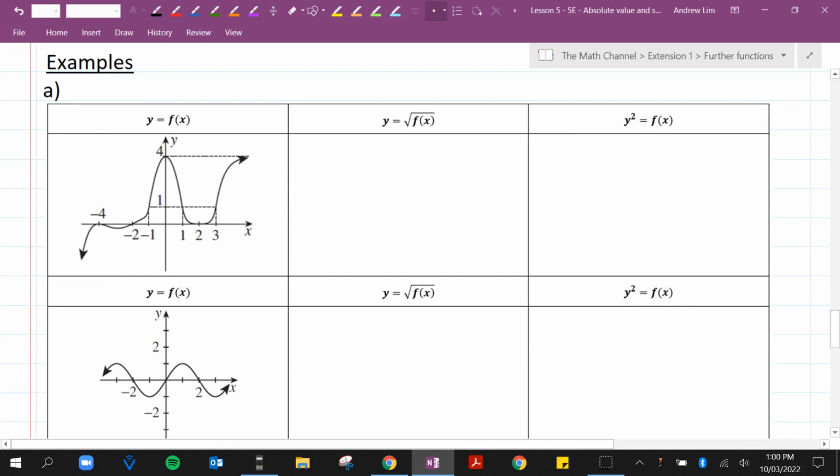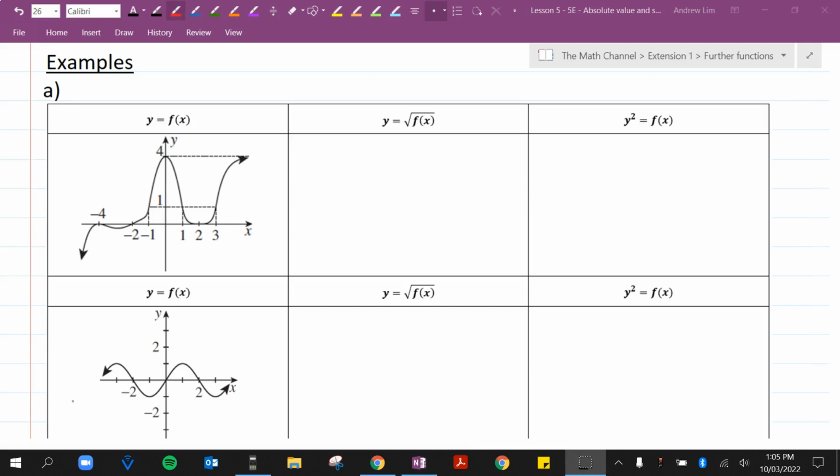So we can apply this understanding to graphs as well. So here we've got an example where we want to sketch y equals the square root of f of x as well as y squared equals f of x. Personally, I find it easier to just sketch on top of the graph given, and then just sketch the final answer in the box. So let's start with that. We know that we can't square root a negative number.